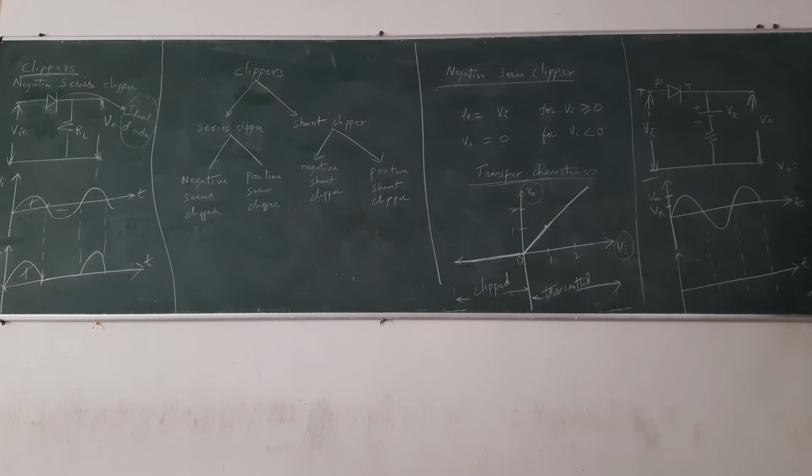What is happening when you switch on? The entire 230 volts is coming to the fan. So the input 230 volts is now across the fan, and input and output are equal. So when the diode is on, what is V naught? I already told you input and output are equal. So V naught is equal to Vi when Vi is greater than or equal to VR.